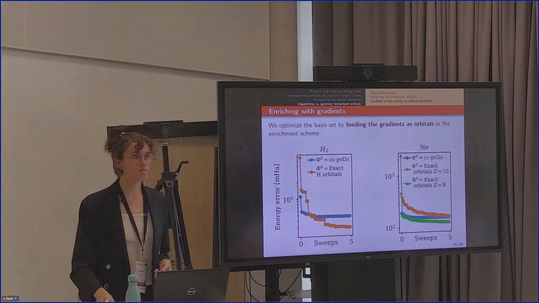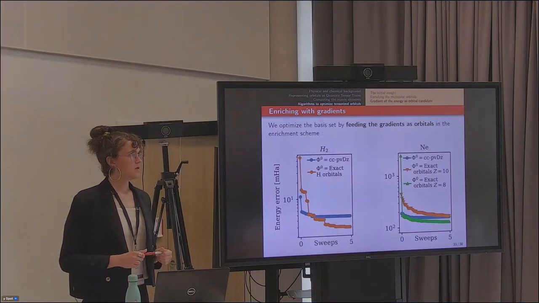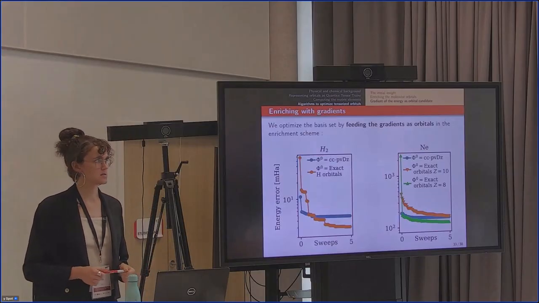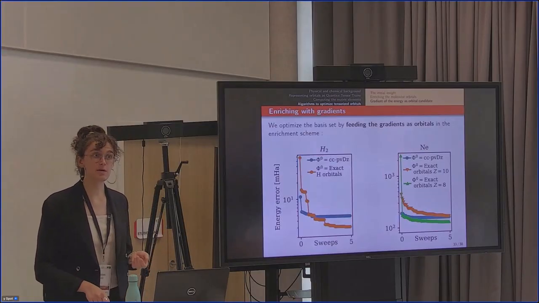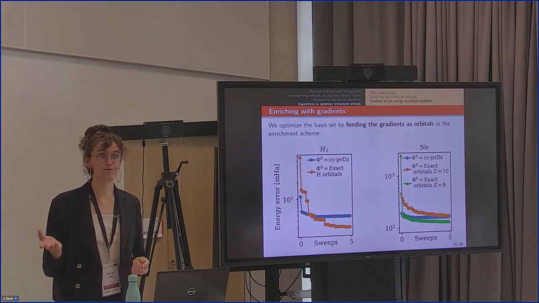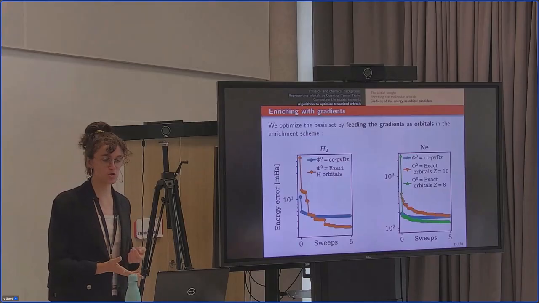Looking into the future, what size molecules do you think you would be able to address with this? Our goal is benzene. It also depends on the computational technique that we use. For example, the talk before about element-wise products being much faster will change a lot of things for us.